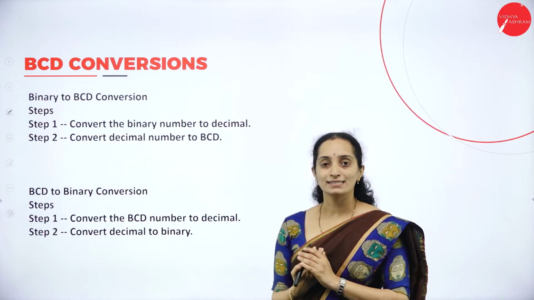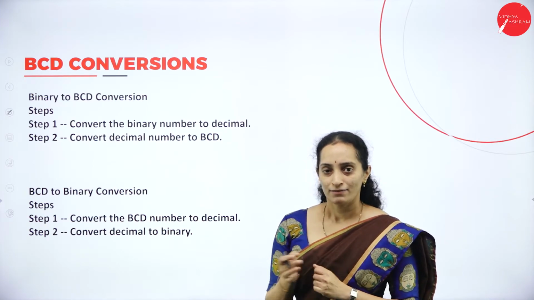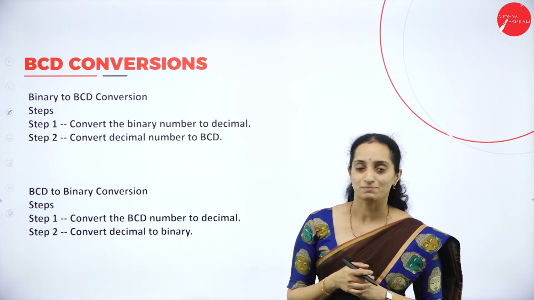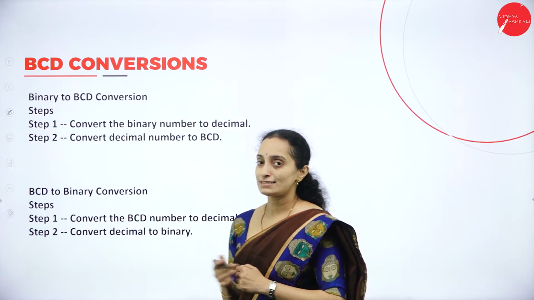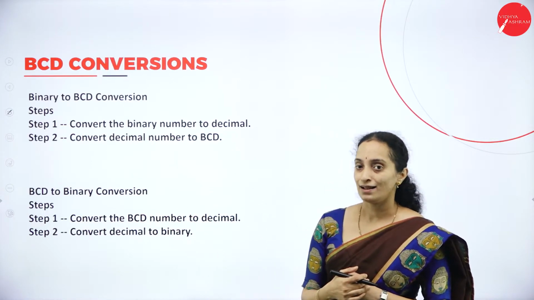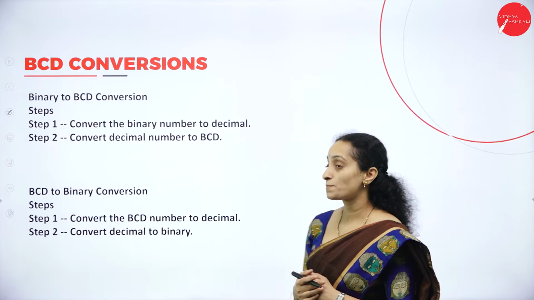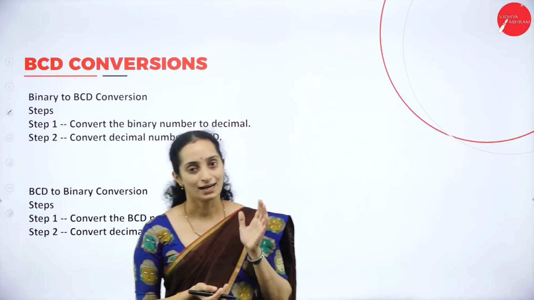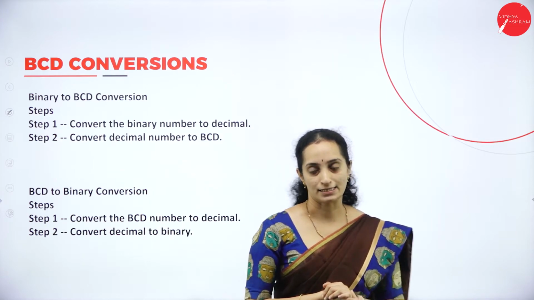How are these conversions done? We have discussed a few of the conversions in the previous sessions, is it not? In the last session, we discussed BCD. Now, we'll look at how the conversion will be carried out between BCD and other number systems. Okay.